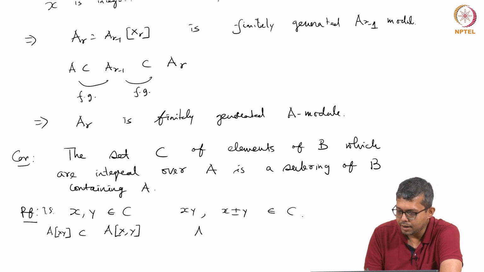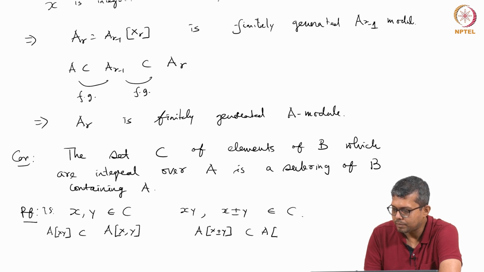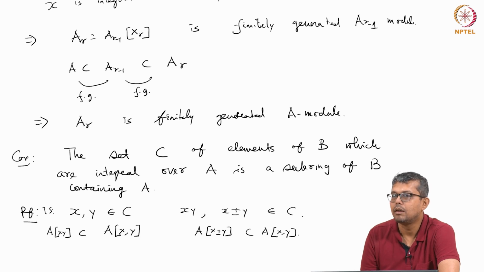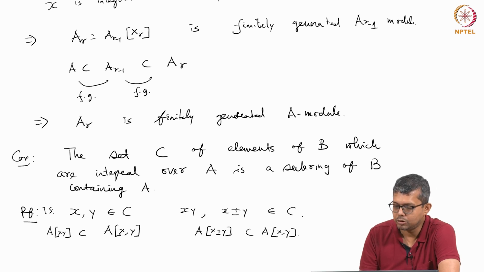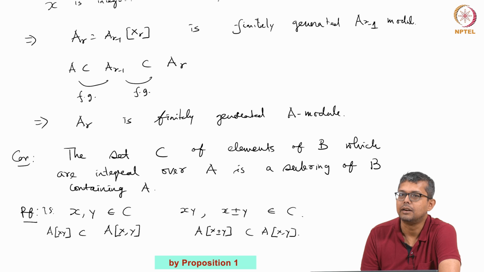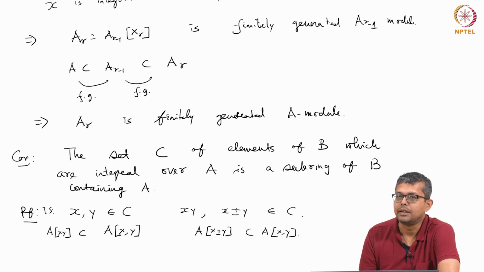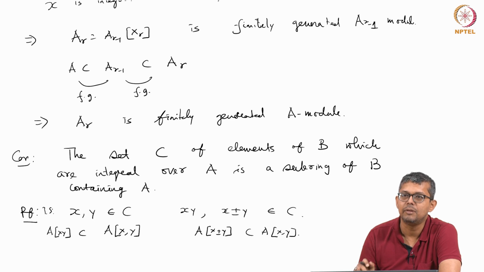And similarly A[x plus or minus y] is a subring of A[x,y]. A[x,y] is a finitely generated A module. So these subrings are finitely generated A modules. But now you use proposition 1 to say that if something is finitely generated, then that element is an integral element.